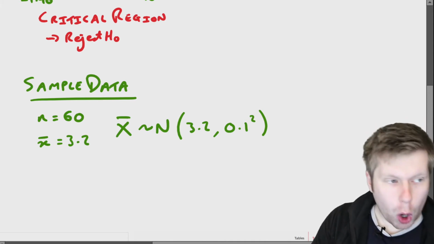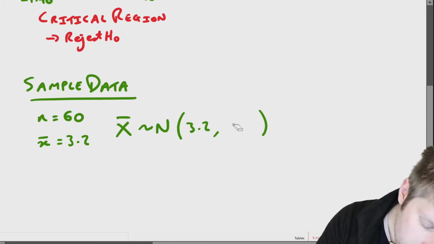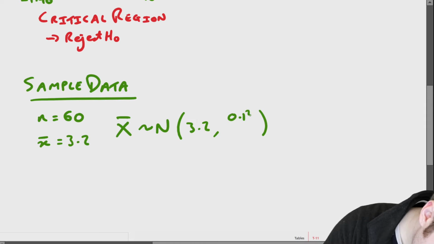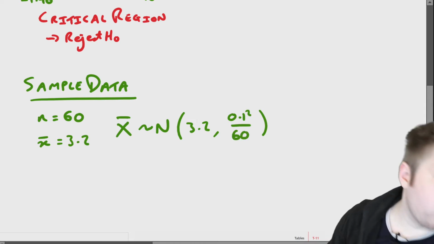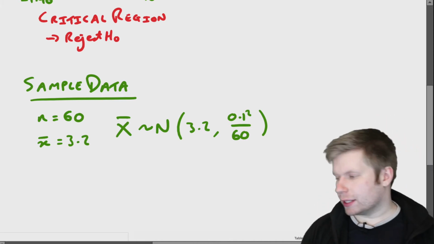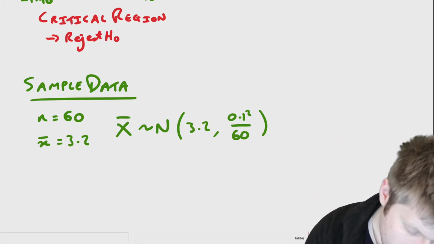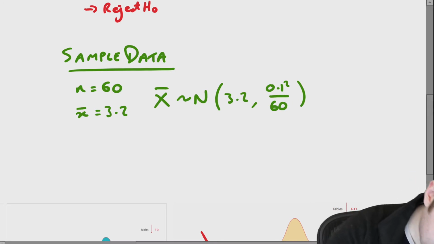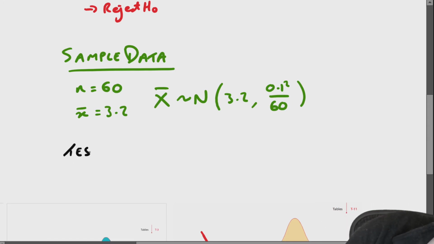Okay, except it's not, because I need to use the central limit theorem, so it's going to be 0.1 squared decreased by a factor of whatever my sample size is, because as I take more things in my sample, that variance should decrease, and it decreases by a factor of n. Okay, cool, so now I'm in a position where I can actually calculate my test statistic.